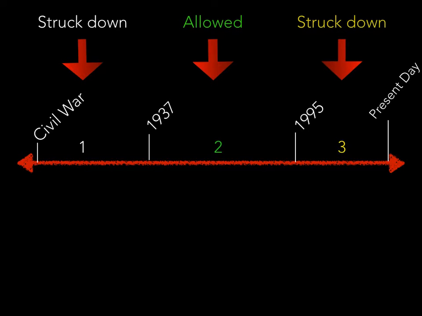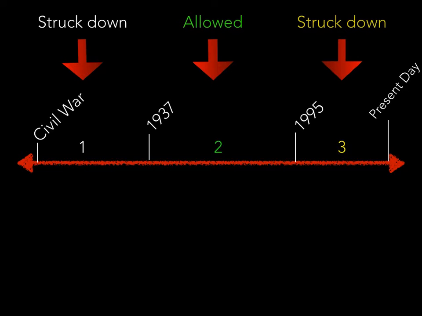They were upheld. Don't get too confused with the struck down language on period one, because some statutes were in fact upheld, but I did just want to illustrate that some were struck down as compared to the second period where they were all upheld.